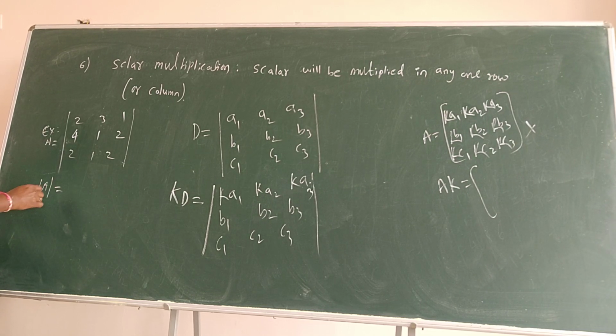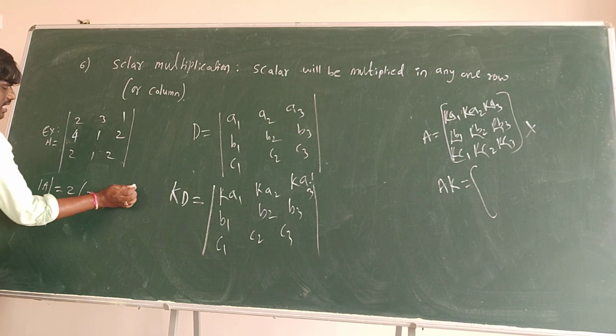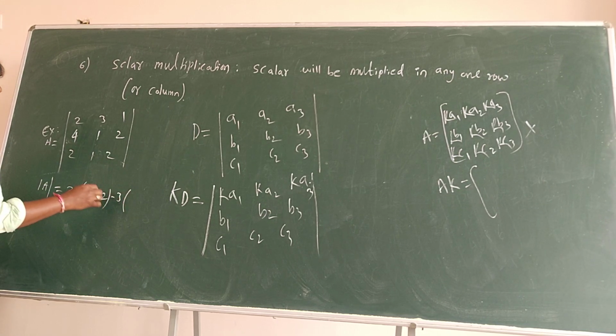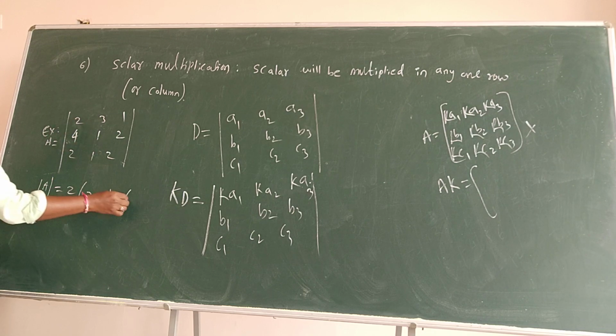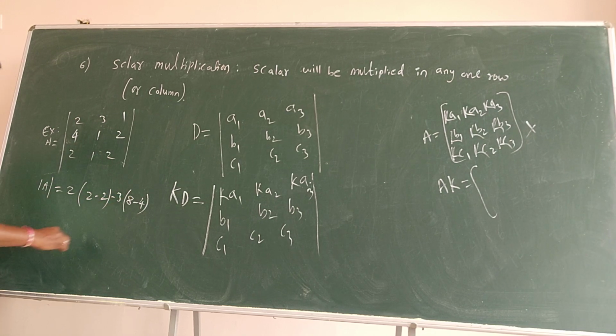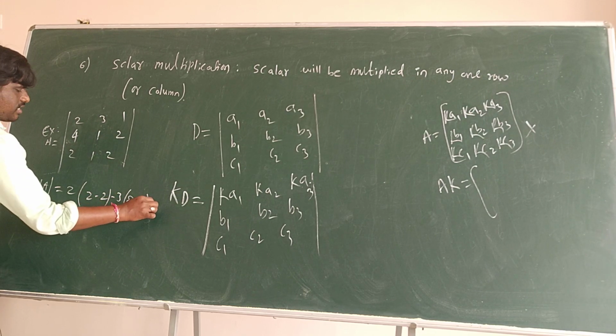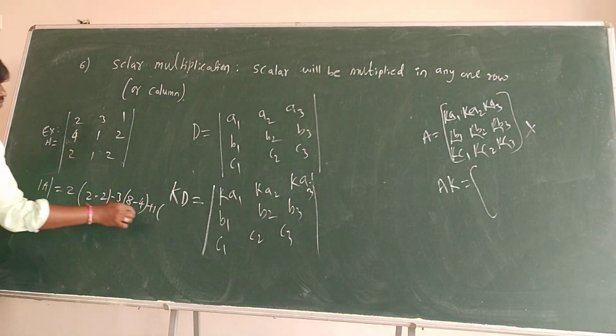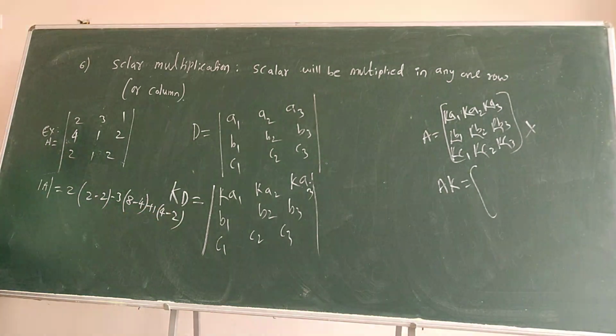Determinant of this matrix will be 2 into 2 minus 2, minus 3 into 8 minus 4, plus 1 into 4 minus 2. Correct? What will be the answer?